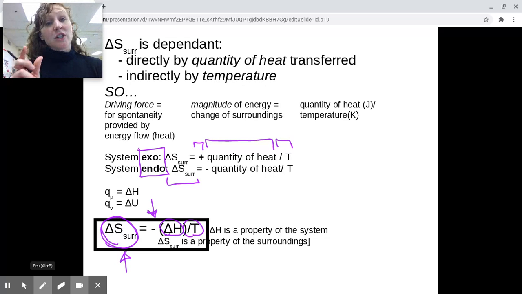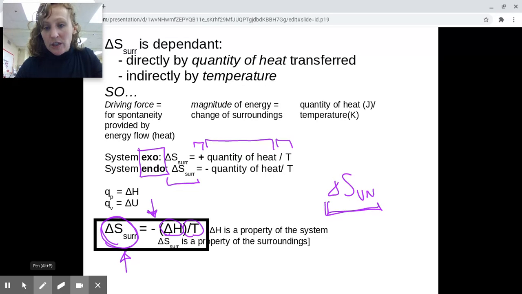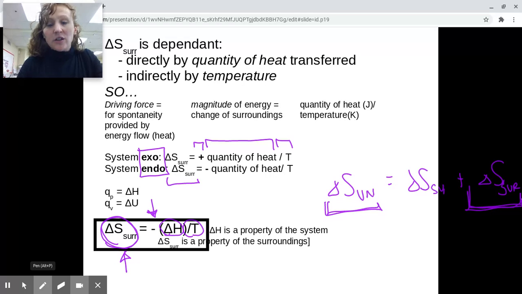is, which is a piece of spontaneity, right? Spontaneity is determined by entropy of the universe. Okay, entropy of the surroundings is a part of the factor that makes up the entropy of the universe. So instead of looking at it in terms of change in entropy, you can consider this in terms of enthalpy over temperature.